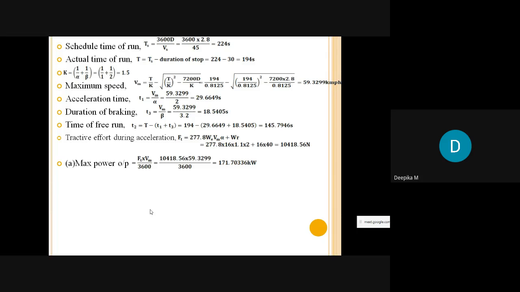Then the maximum power output, again the same formula, Ft into Vm by 3600, which is 171.703336 kilowatt. Again, the distance traveled during the braking period we need to calculate, which is half into Vm by 3600 into T3 by 3600.